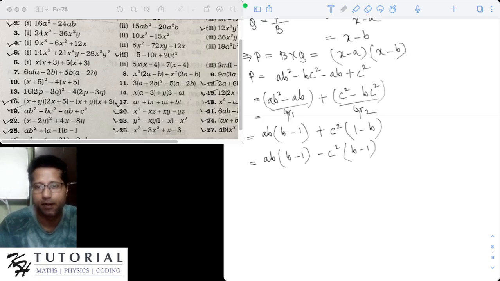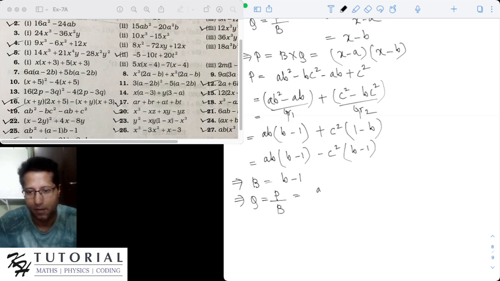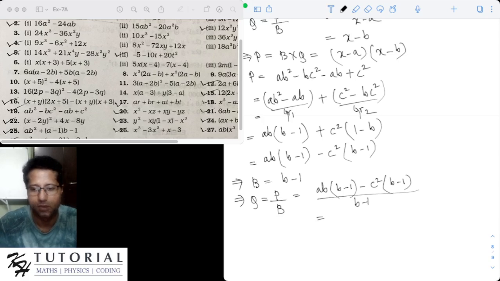This implies q will be p divided by b minus 1. P is the original polynomial, which is ab into b minus 1 minus c square into b minus 1, divided by b minus 1. This is equal to ab minus c square.